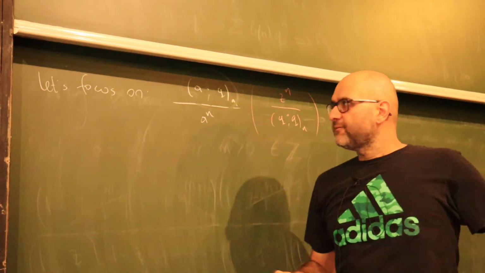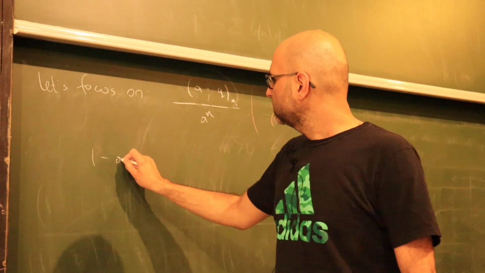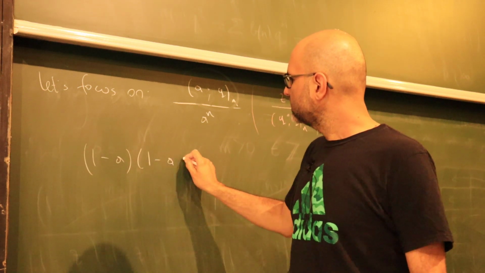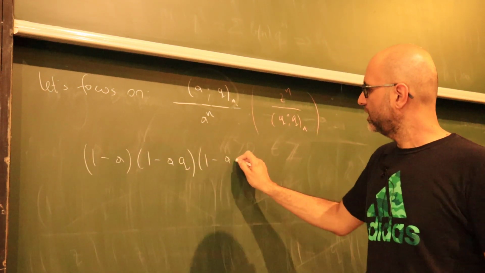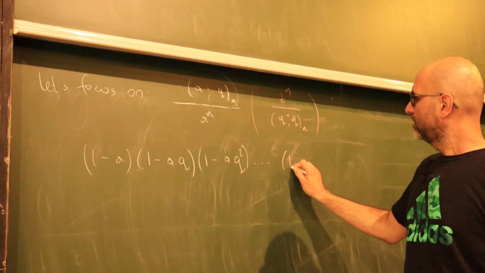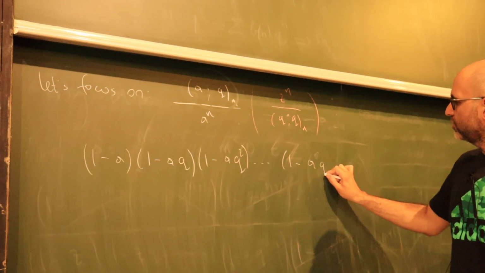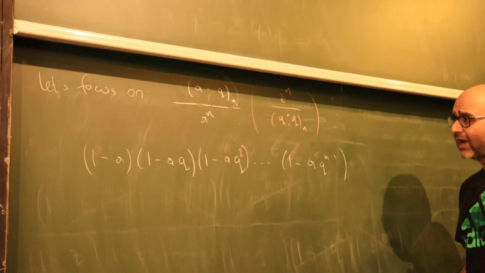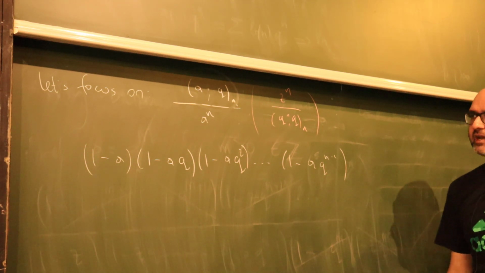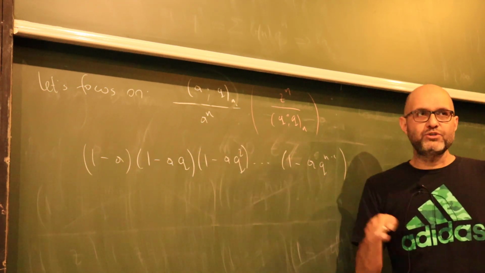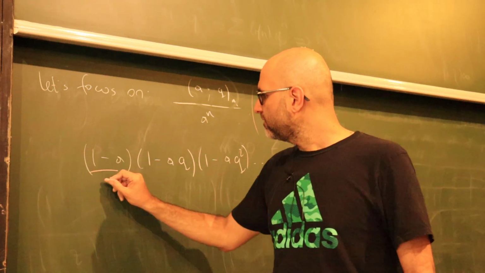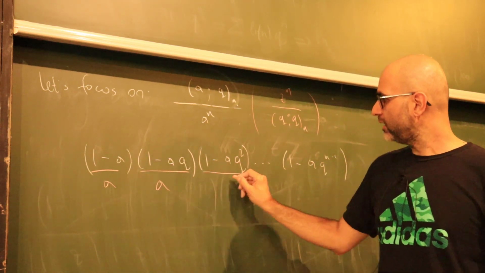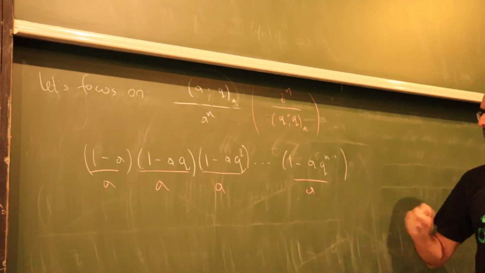Write the definition for the numerator, (1 minus a)(1 minus a times q)(1 minus a times q squared) up to (1 minus a times q^(n-1)). How many factors? Exactly n factors. Give one a to each of these factors and write divided by a, divided by a, divided by a, divided by a.